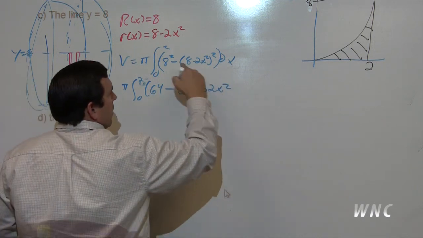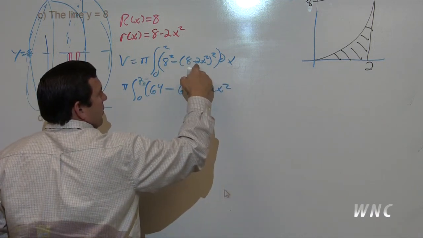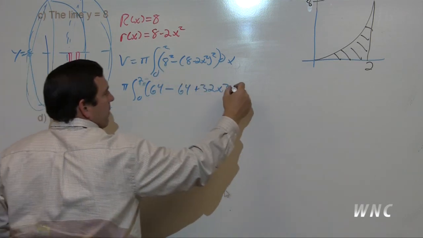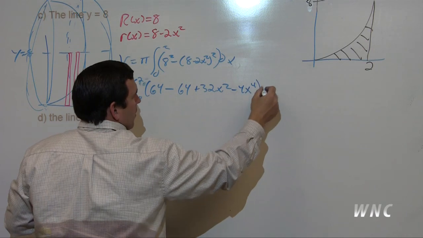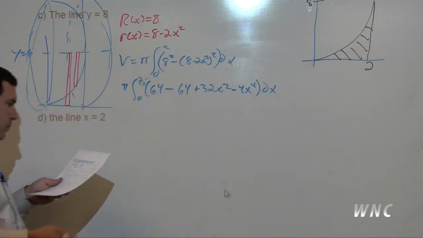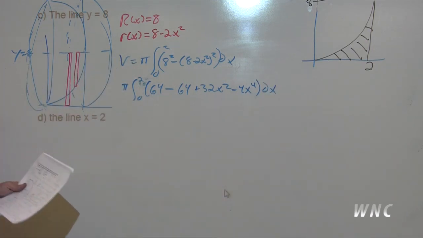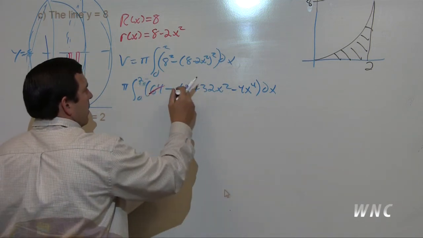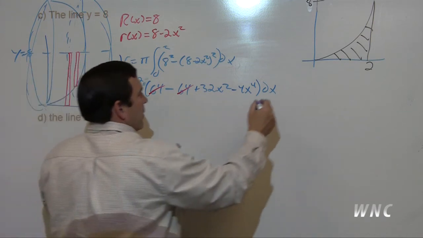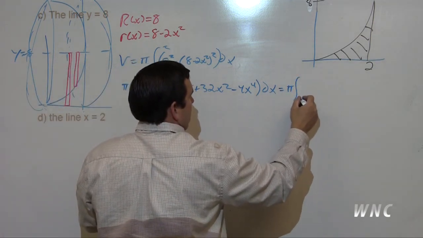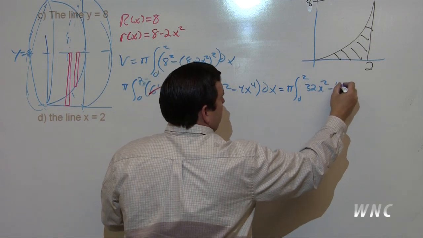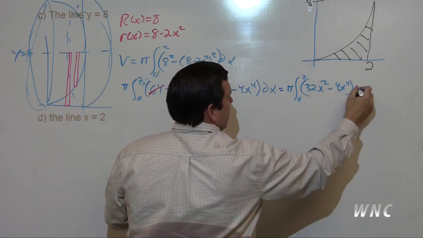And then negative 2x squared is going to be 4x to the fourth, and put a negative there. Okay, so we have 64's go away. And then it's 32x squared minus 4x to the fourth dx.